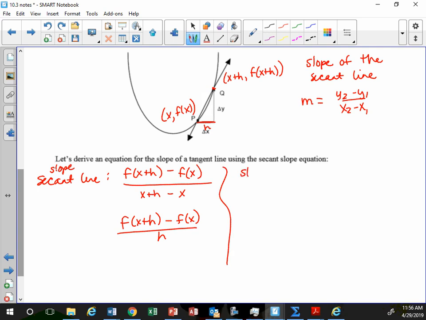So the slope of the tangent line is the limit as h approaches 0 of f of x plus h minus f of x all over h.